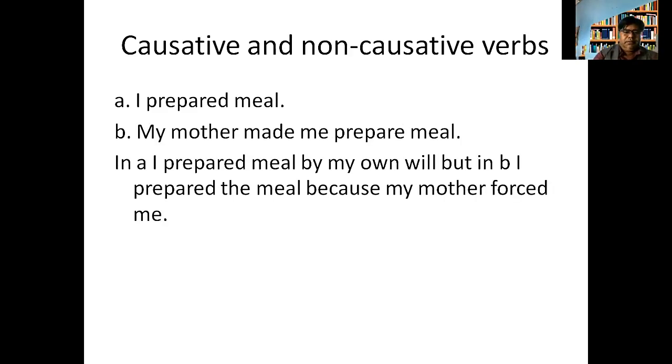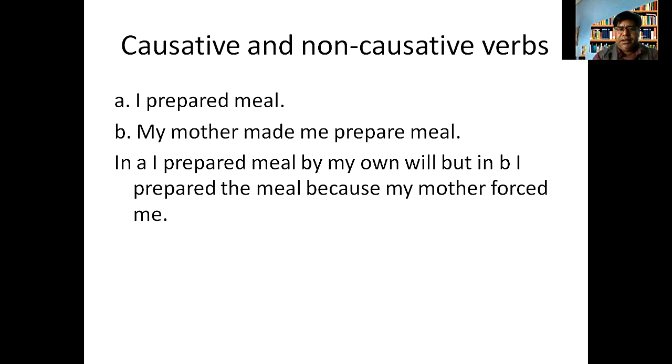Causative and non-causative verbs. I prepared the meal. In this context, the meal is prepared by me. This I is the subject, and the subject is the doer here. Who prepares the meal? The I prepares the meal in this context.